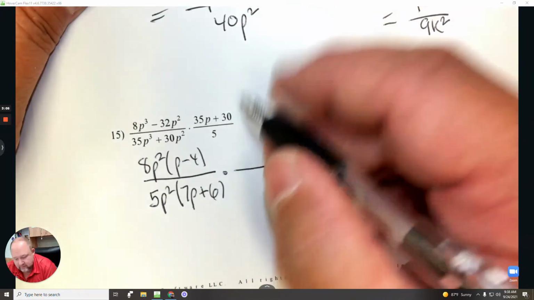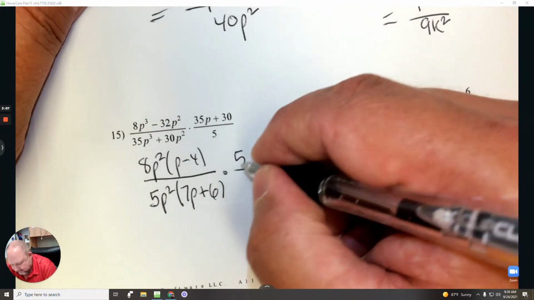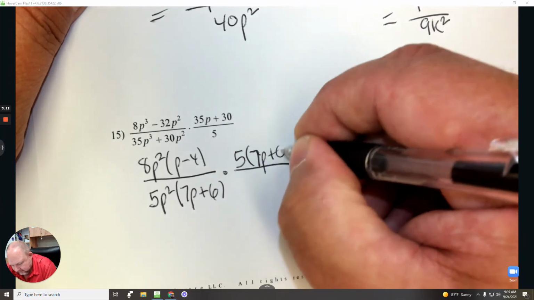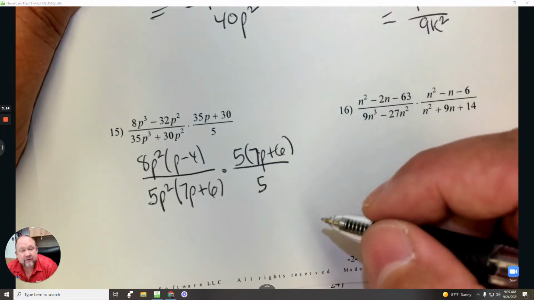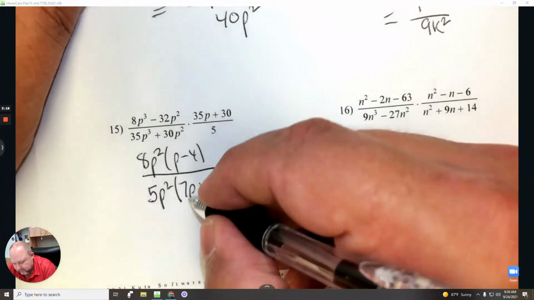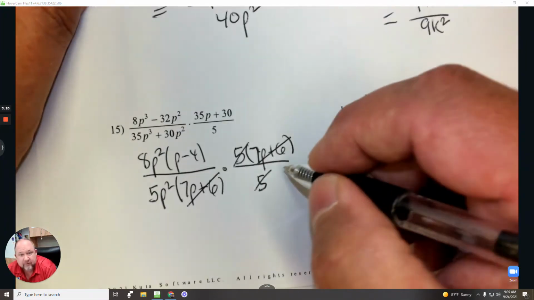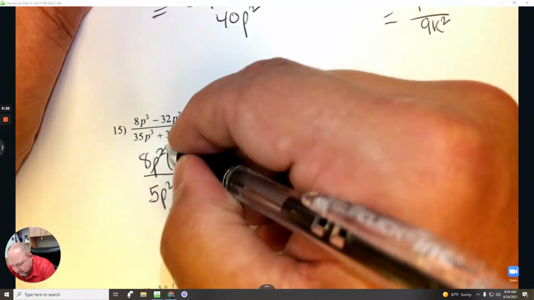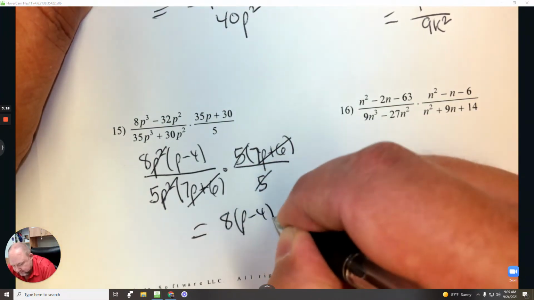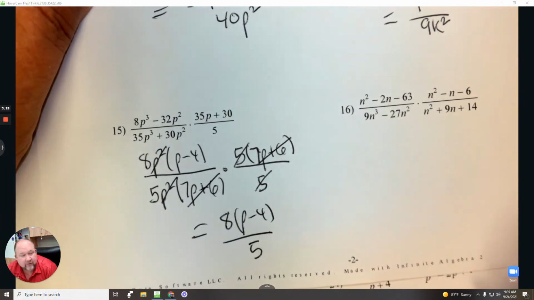Here I'm going to factor out a 5. That's 7p plus 6. And at this step, we can now start removing. So 5 removes, 7p plus 6 removes. This is the fun part. P squared removes. And so what's left is our answer. And I put them beside each other. And there you go.